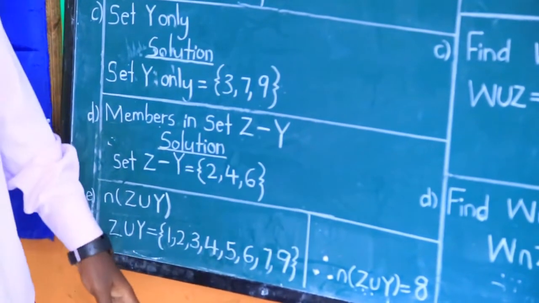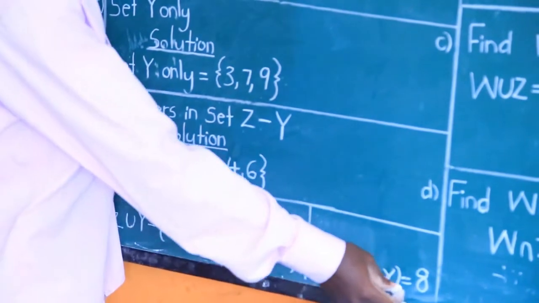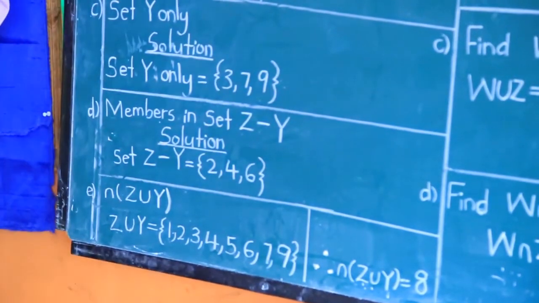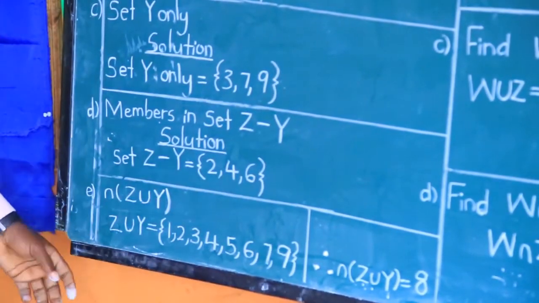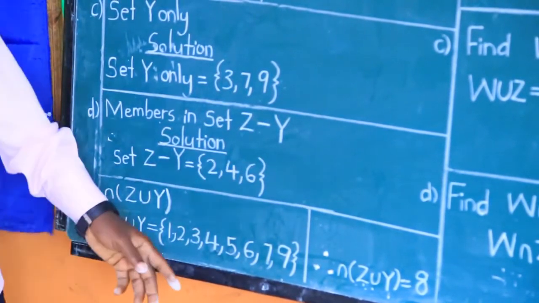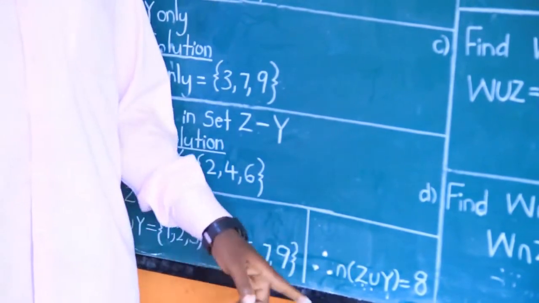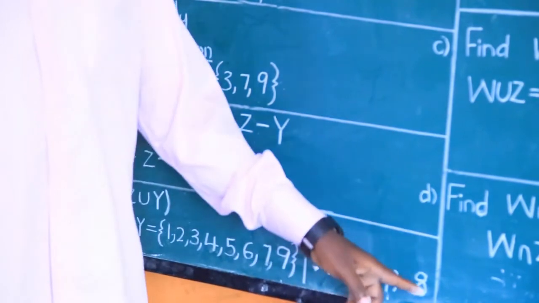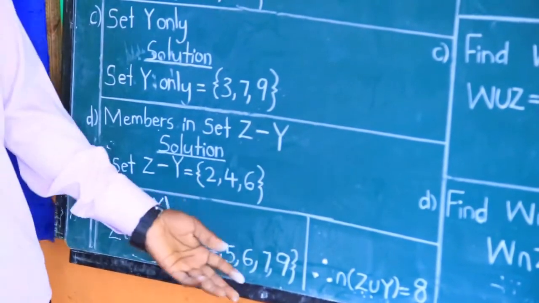Remember this 8 that comes after counting must never bear any unit, and must never be put in brackets. So when do we put curly brackets? When we are listing. After counting, this is read as number of elements in set Z union Y equals 8. It would be a repetition to say elements or members after the 8, because it is already read as number of elements.